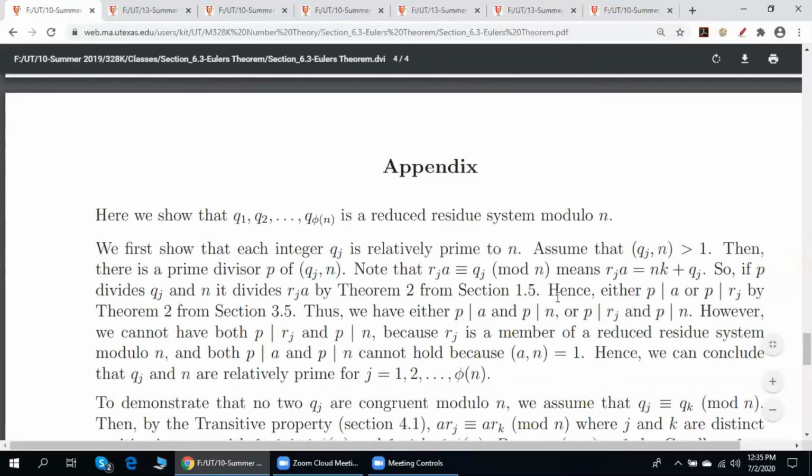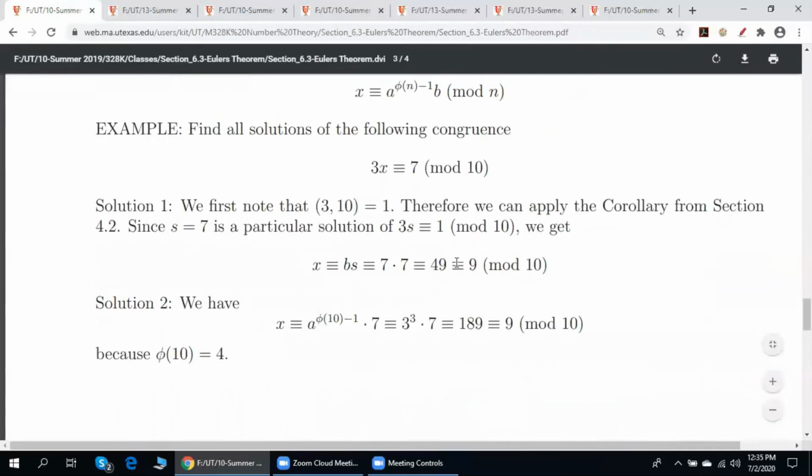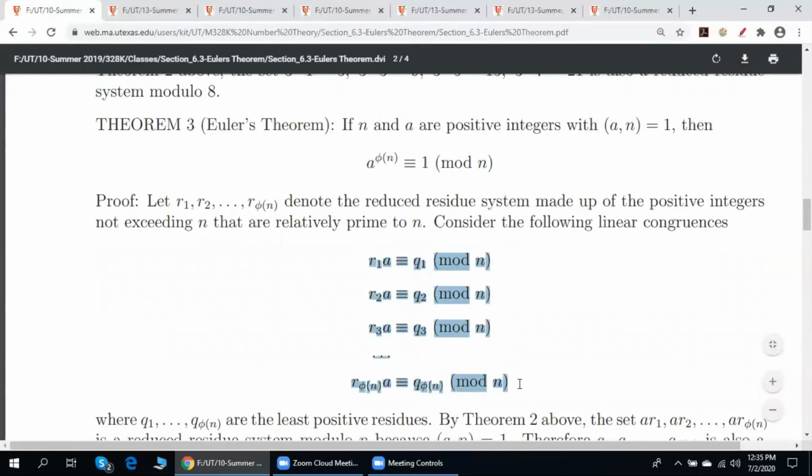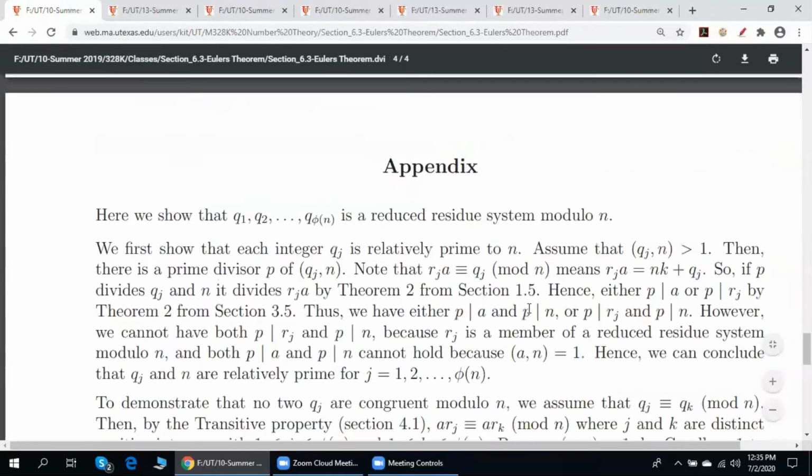But now remember, what are these numbers? Qj is congruent to Rja. This is how we created these Qs. So, since this is congruent to this modulo n, this minus this is divisible by n. So this minus this is equal to nk.